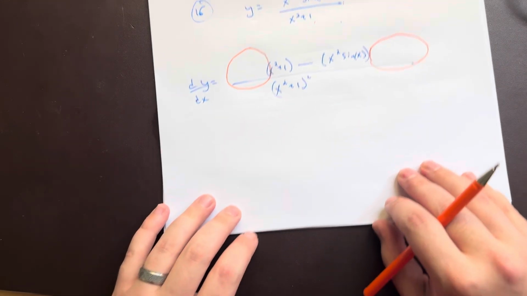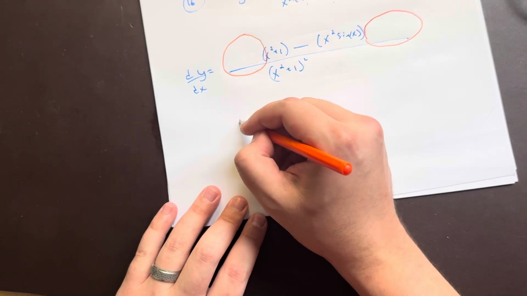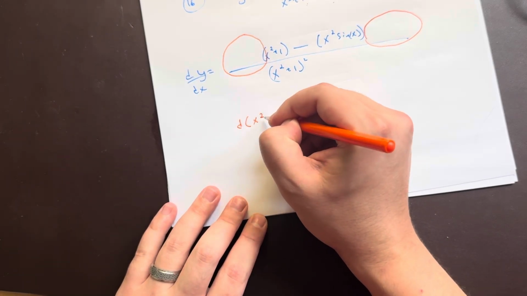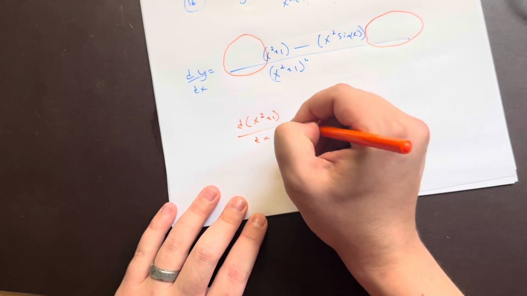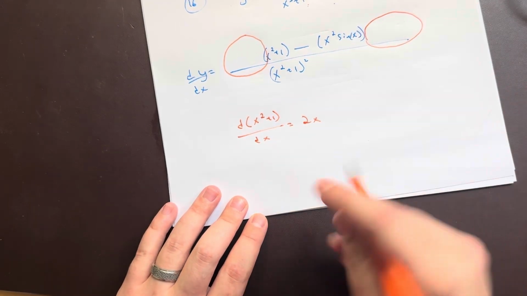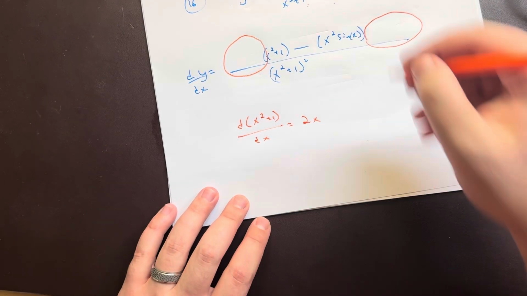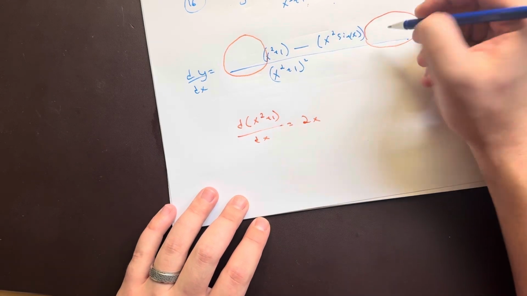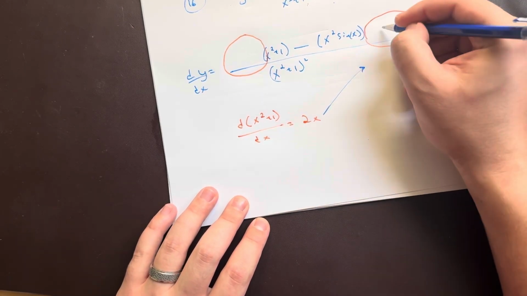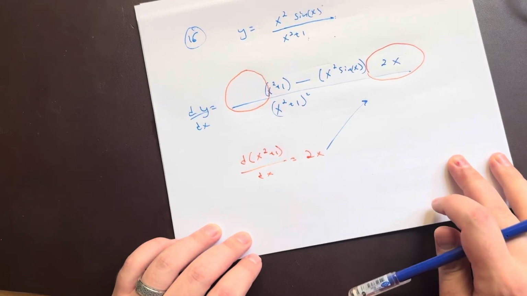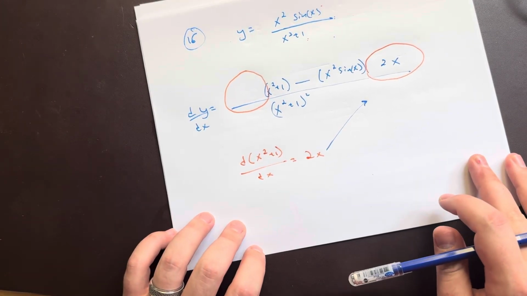Now let's just consider those separately. The derivative of x squared plus 1 is just 2x, right? X squared becomes 2x, 1 goes away. So I'm just going to pop that up there. 2x, very easy, very nice, very demure.